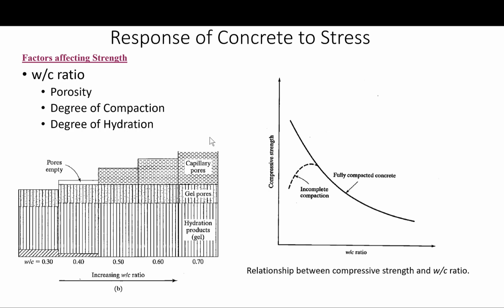So in practice, the strength of properly compacted concrete at a given age is controlled by specifying the water cement ratio. Even though the Abrams water cement ratio law, which we discussed previously, and I will show on the next slide here, is not really a law, okay, in that it does not consider the degree of hydration or the air content of the concrete or the effects of the aggregate.